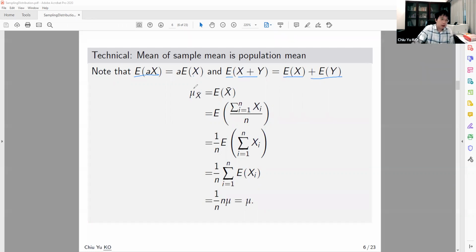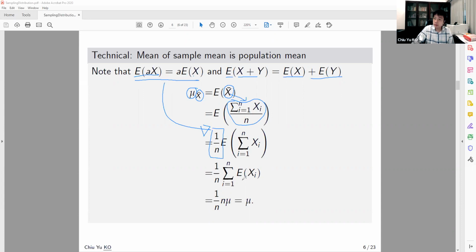So the expected value of the sample mean, by definition, is the mean of the sample mean, right? This is the notation. And for this, we write the sample mean as the sum of all observations over n, okay? And we take the 1/n out.